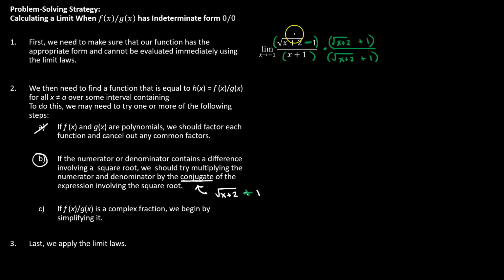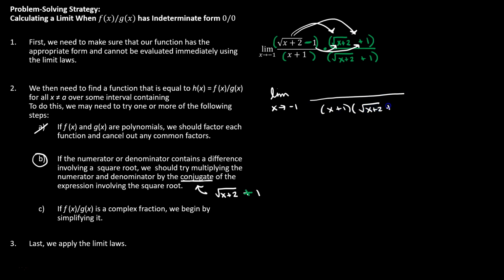Now we're going to use that FOIL technique to multiply out the binomials in the numerator. We are not going to multiply out the denominator. Let's leave that factored. Multiplying out my numerator, I have the square root of x plus 2 times the square root of x plus 2.